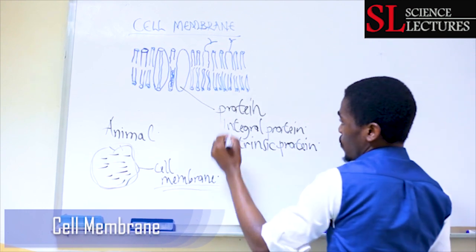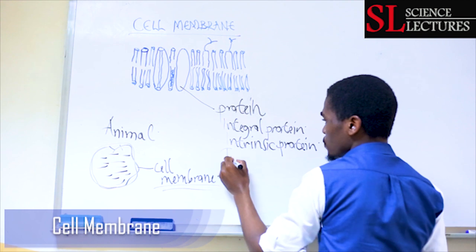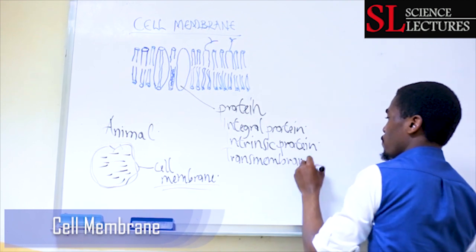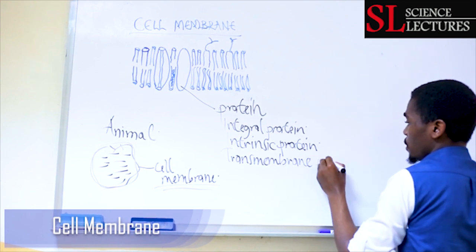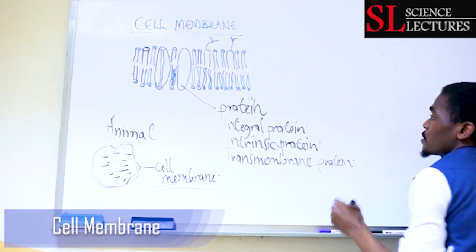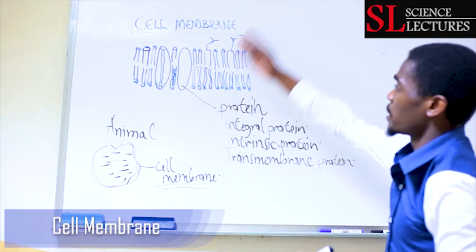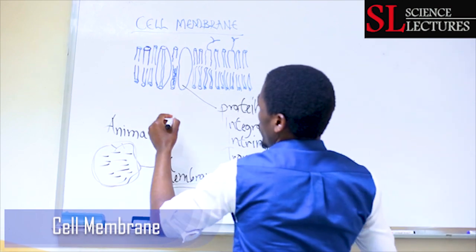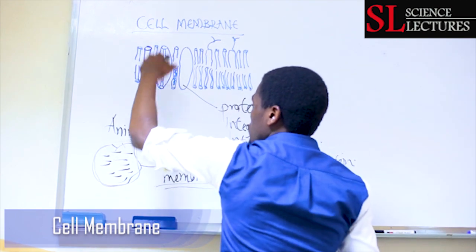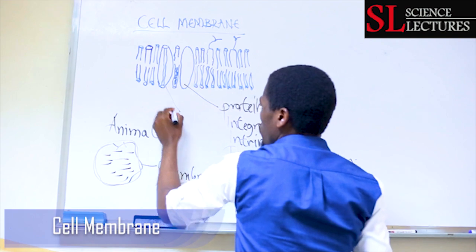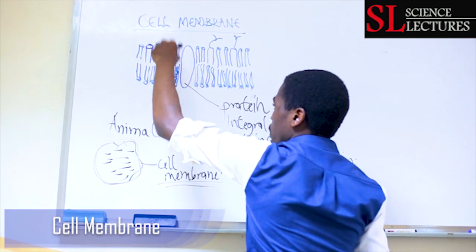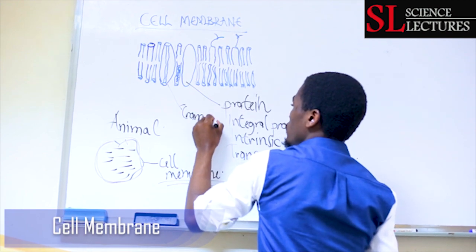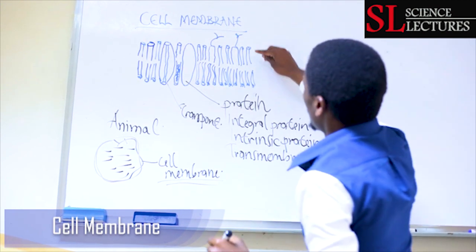An example can be the transmembrane protein, which spans the entire membrane. Then we can have another protein, like a channel, which is also a protein but specifically designed for transport. It's a transport protein.